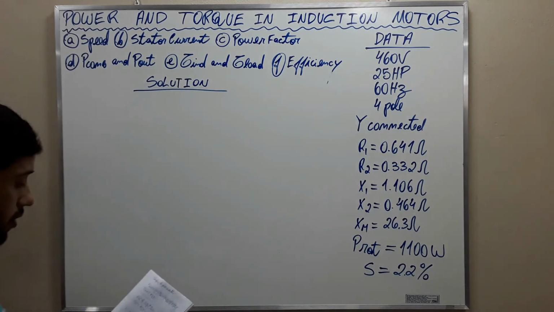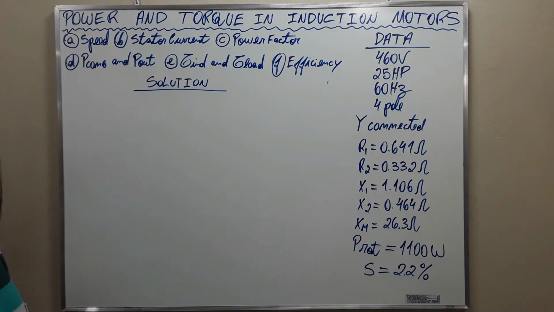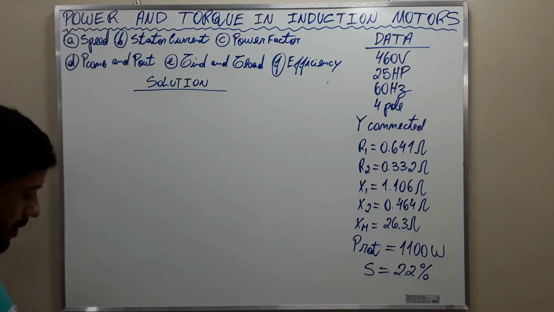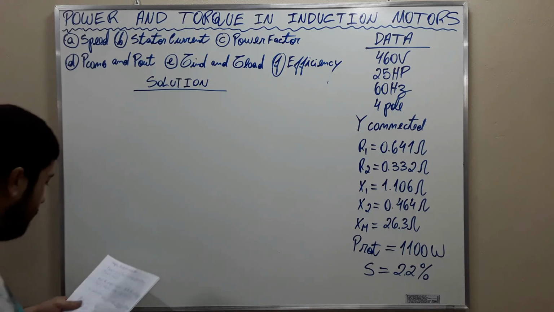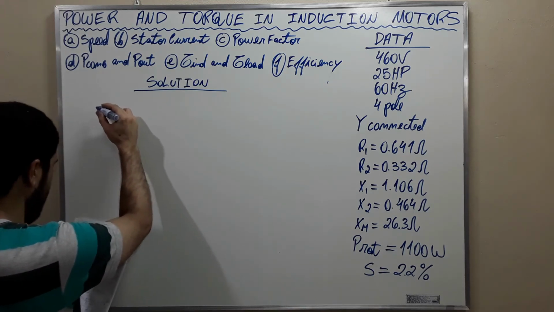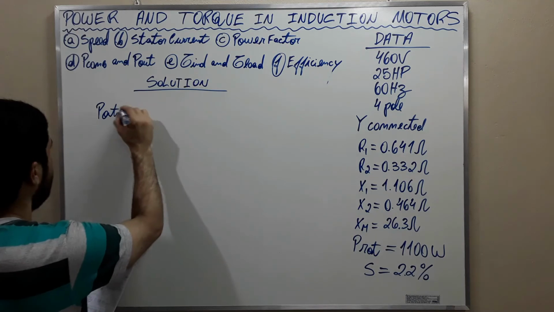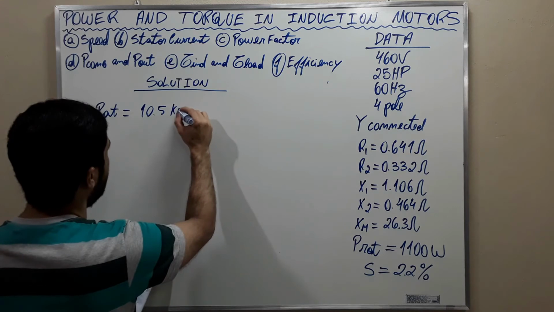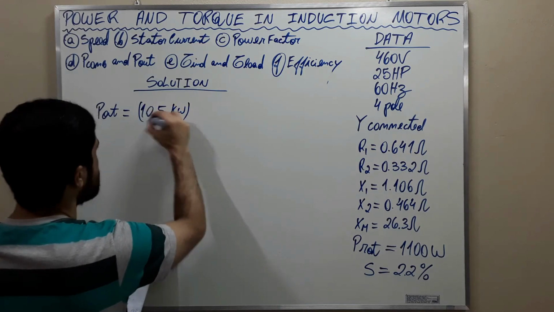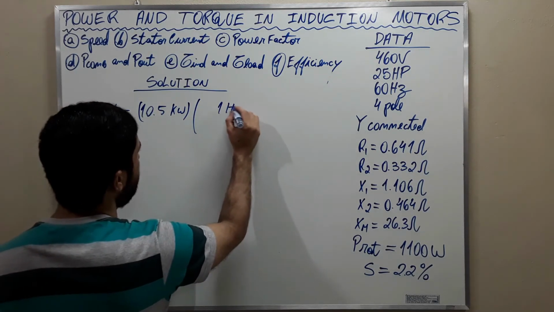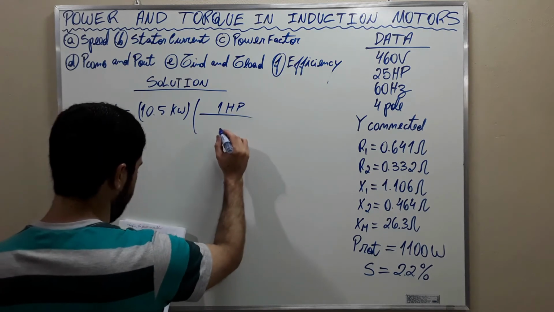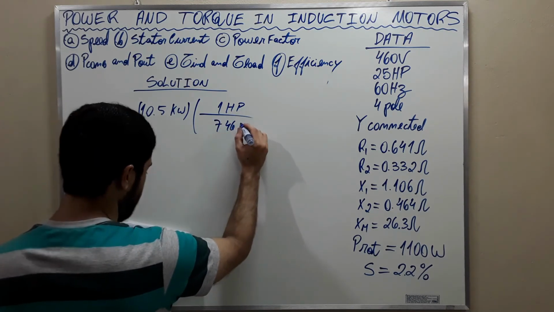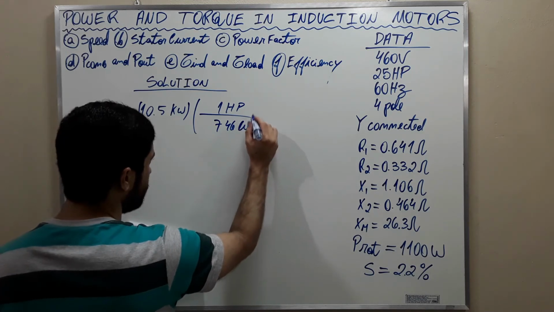Oh, but first, I almost forgot. Let's convert the output power to horsepower. In horsepower, Pout is going to be 10.5 kilowatts times 1 HP for every 746 watts.